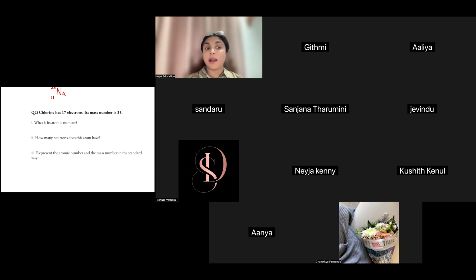Then what is the atomic number? They have not mentioned any charge. So no charge means protons and electrons are equal. If there are 17 electrons, then protons are also 17. If protons are 17, the atomic number is also 17.